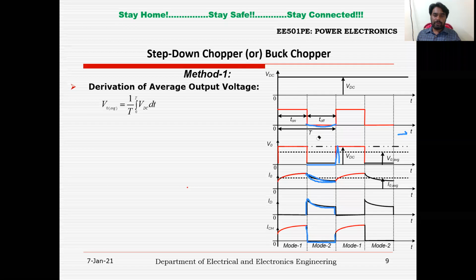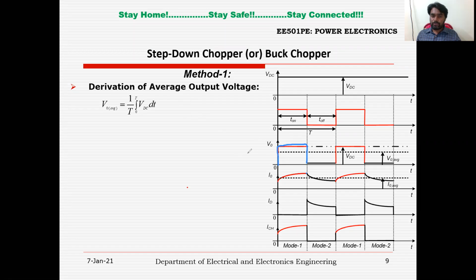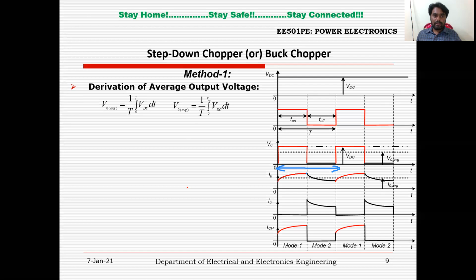So now if you know the waveforms, you can easily apply mathematics, and we will try to find out what is the area under this particular curve, right? So to derive the average output voltage, you just take the integral. This is for one complete cycle, one chopping cycle you can say. So to calculate the area under this one cycle, I can take 1 by T, the total chopping period, and 0 to T into VDC, right?